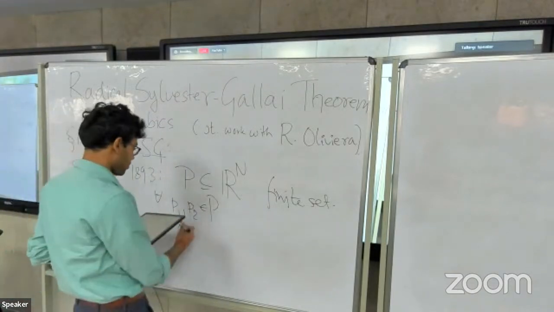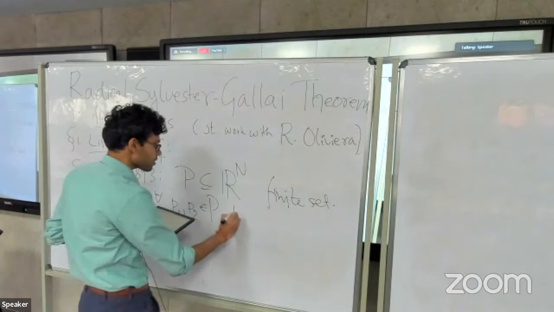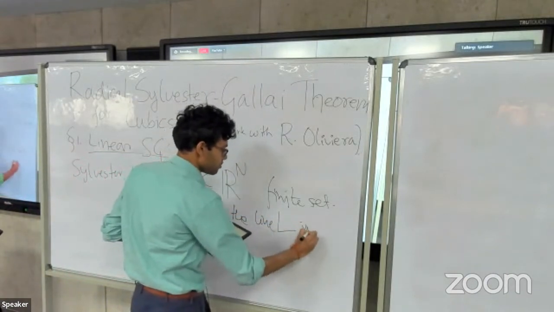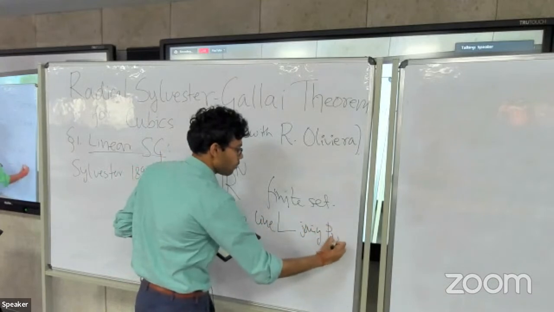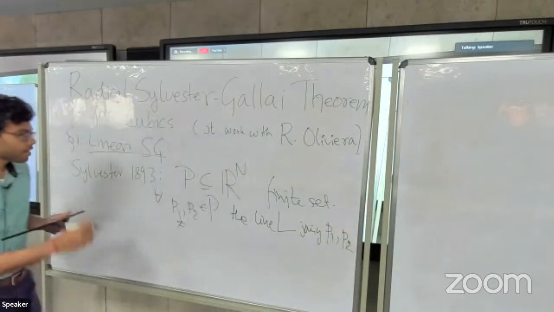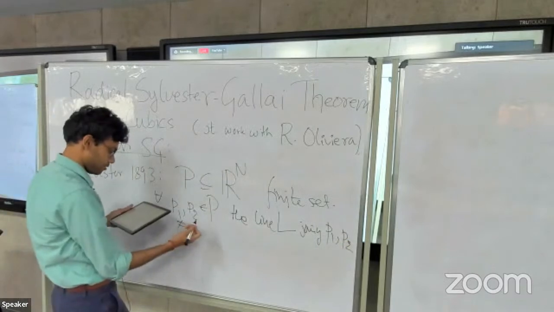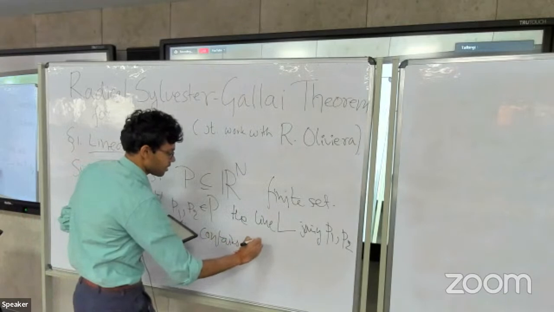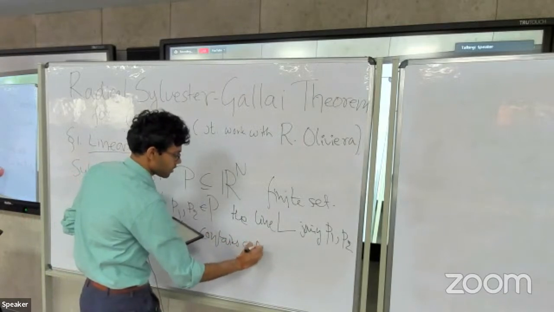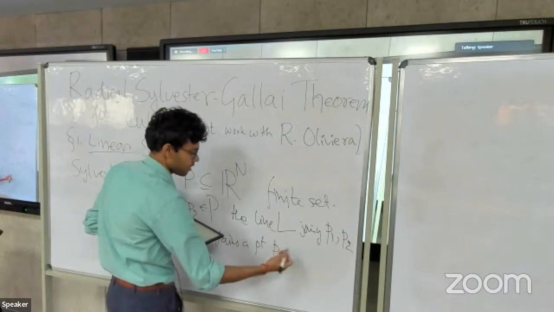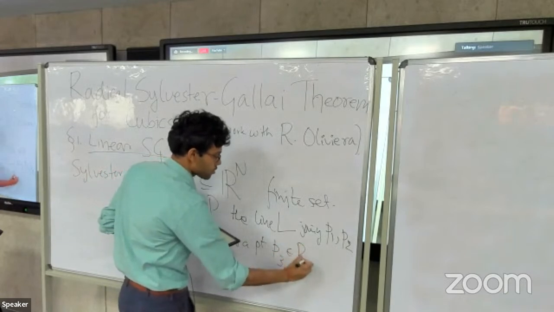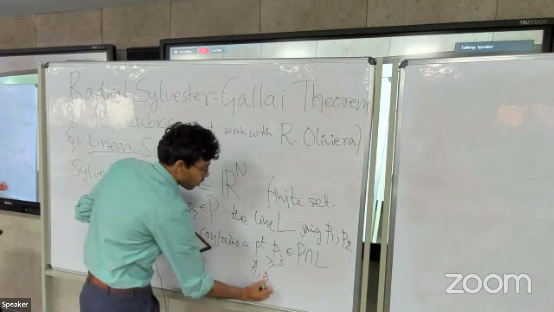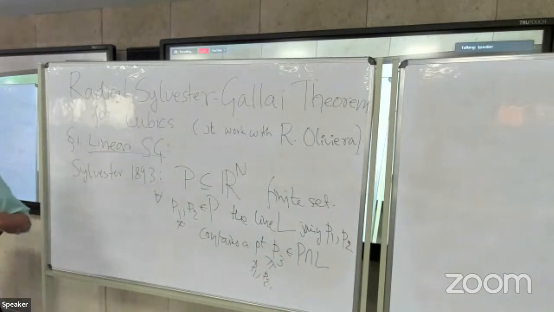So for all P1, P2, the line L joining P1 and P2 contains a third point P3 in P intersection L, and P3 is not the same as one of the two points we started with.